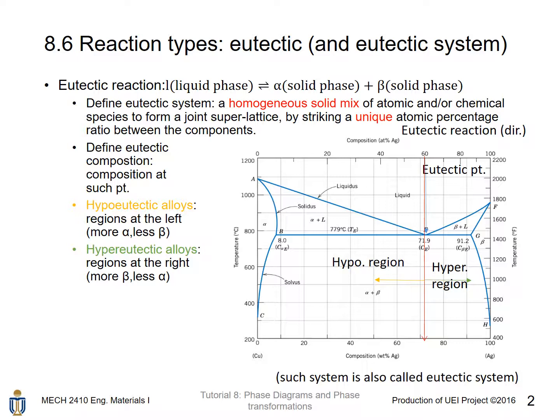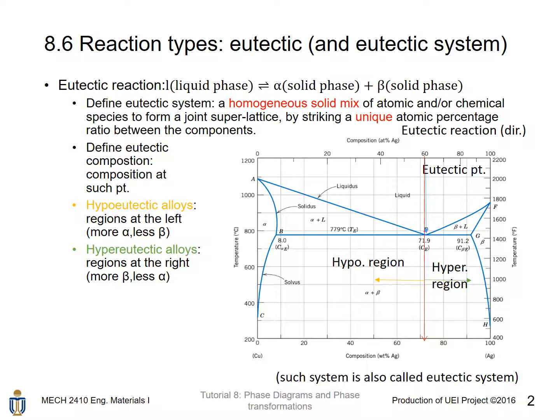And in this way, we can define the eutectic system, which is a homogeneous solid mix of atomic and/or chemical species to form a joint superlattice by striking a unique atomic percentage ratio between the components. And we can define the eutectic composition as the composition at such eutectic point.